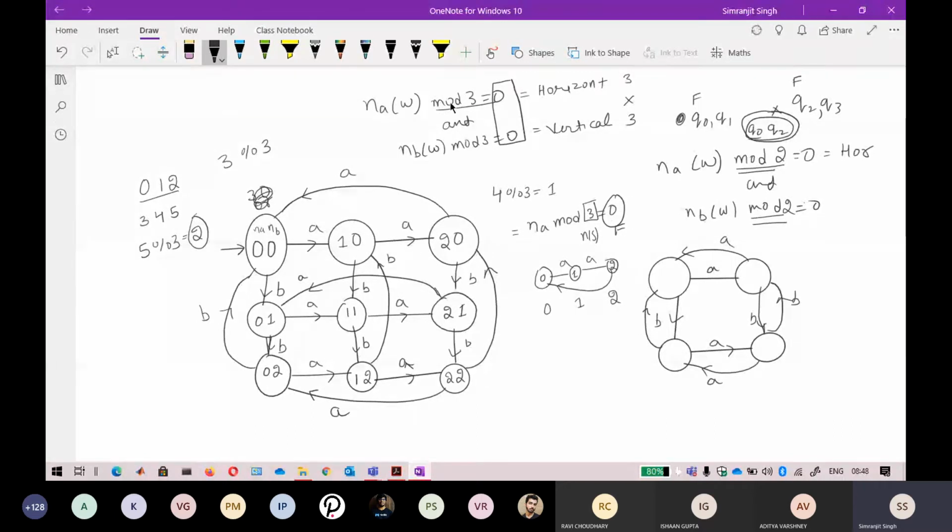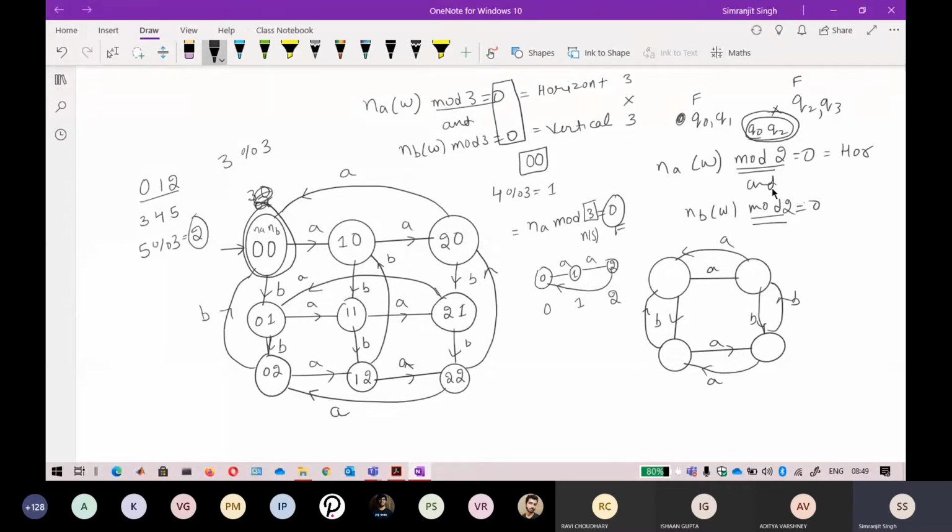In the same way, because there are a number of A's and a number of B's, and this is a multiplication, I can say that 0 0 is my final state. So take 0 0 from here and make it a final state. Now you will see your automata is fully complete.